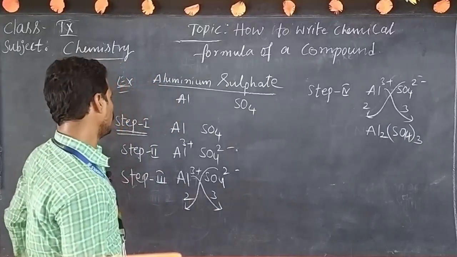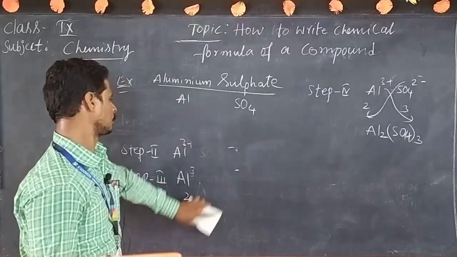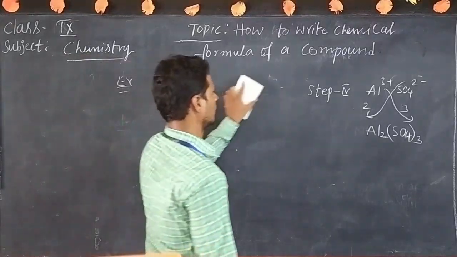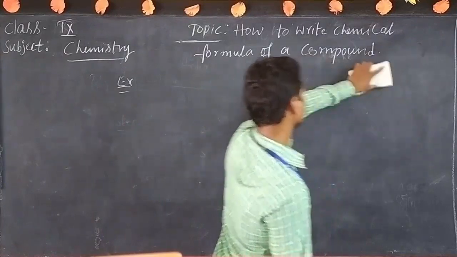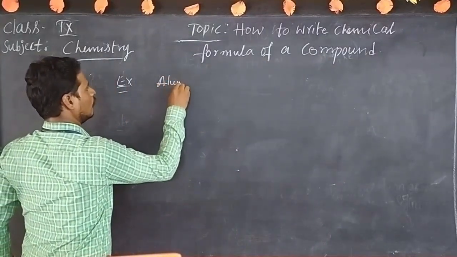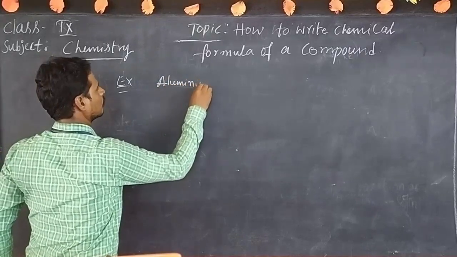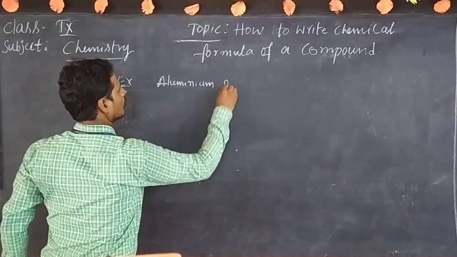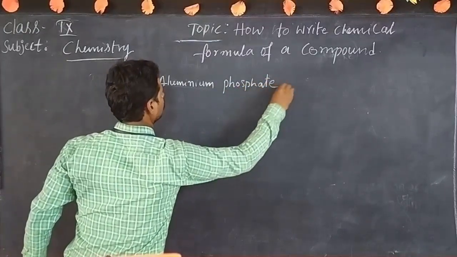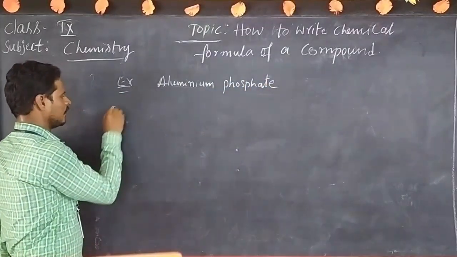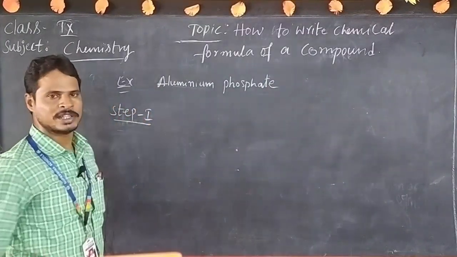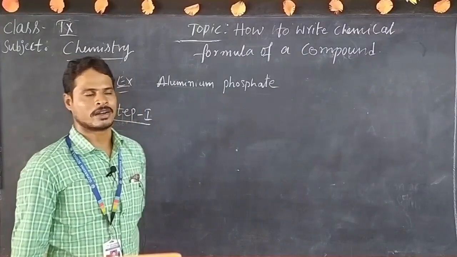Then take aluminum phosphate. Before going to step 1, we can identify what is cation, what is anion.